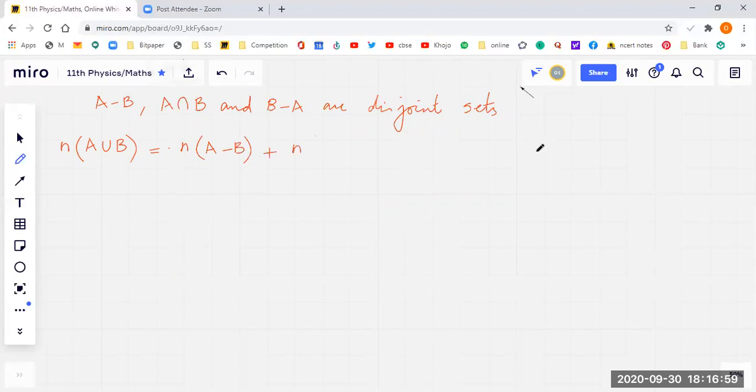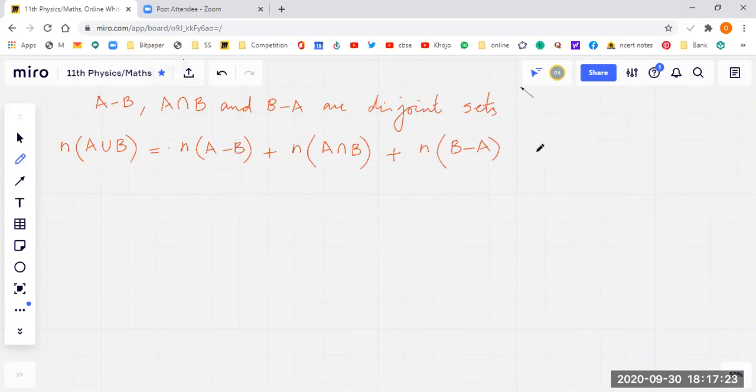Number of elements in A intersection B. Plus, what was the third one, Ishma? Number of elements in B minus A. Right. So, the number of elements can be considered like this.